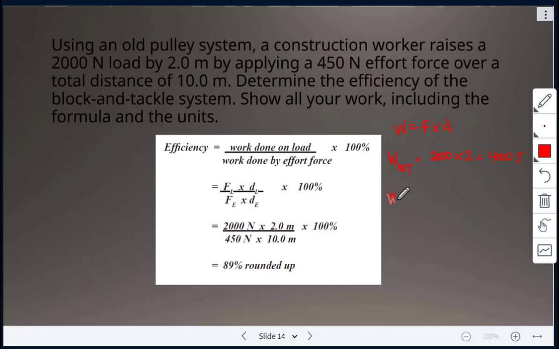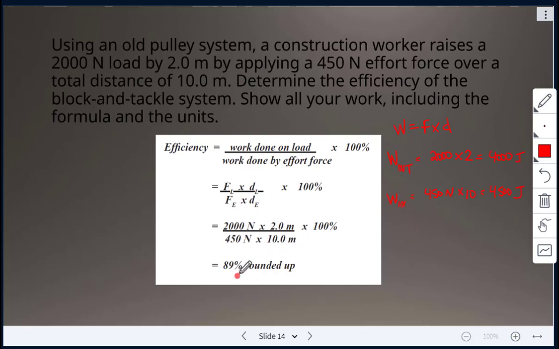And then our work input, which is 450 newtons times the 10.0 meters, we get 4,500 joules. So there's our output, there's our input.